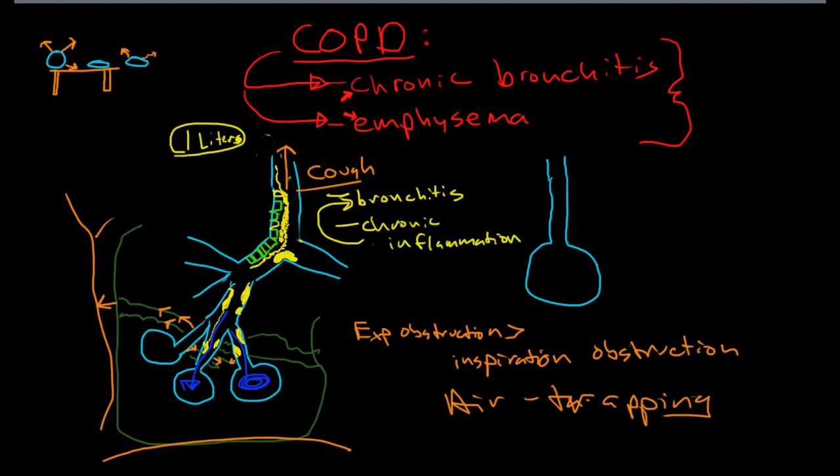So again, what happens is on inspiration, the airway gets pulled open, and even when there is mucus present, it opens up enough for the air to get past, right? And it fills up the alveoli. But then what happens on expiration is this force dissipates a little bit.